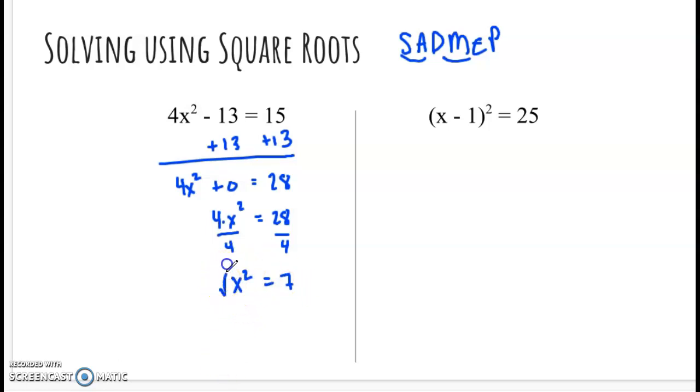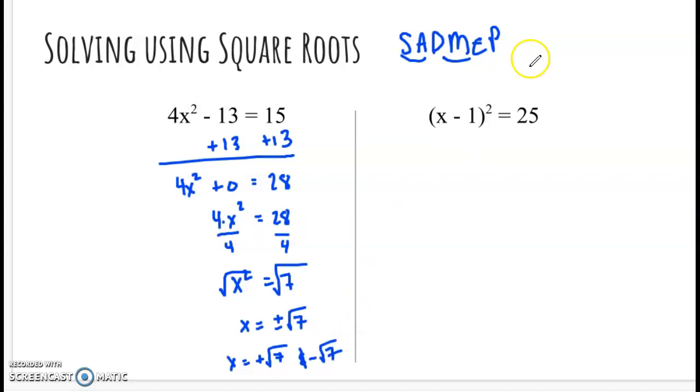So I'm going to take the square root of both sides. And this is where 7 doesn't work out so nicely. So we could say it's plus or minus the square root of 7 would be my final answer. So my final answer would be the positive or the principal square root of 7 and also the negative square root of 7.